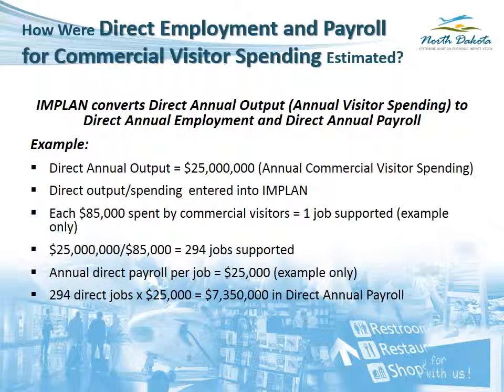For every $85,000 in commercial visitor spending, one job is supported. So in our example, $25 million divided by $85,000 shows that the commercial visitor spending is supporting 294 direct jobs. These jobs have annual direct payroll of $7,350,000, assuming an average salary of $25,000 for each job.